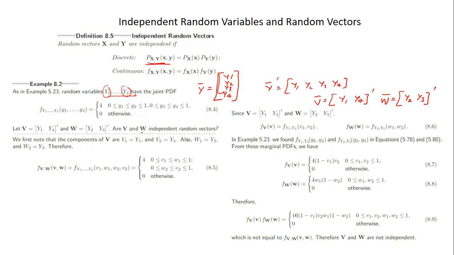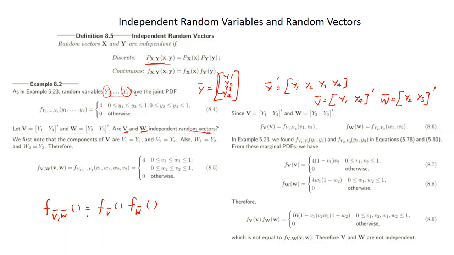So are V and W independent random vectors? To prove it, we have to simply write this, right? F of V, W should be equal to F of V times F of W. Okay? If it holds, then these two random vectors are independent.